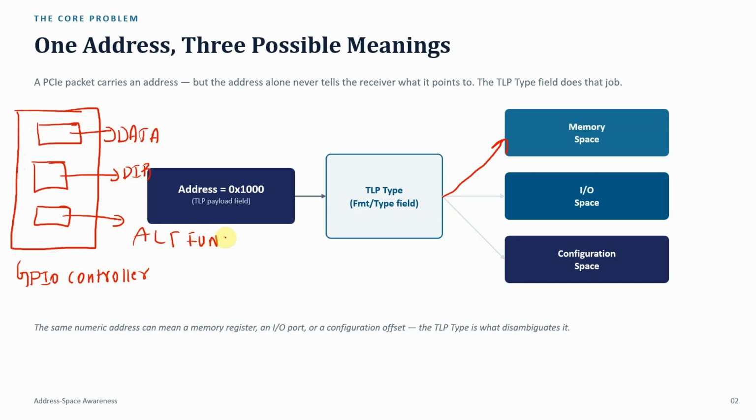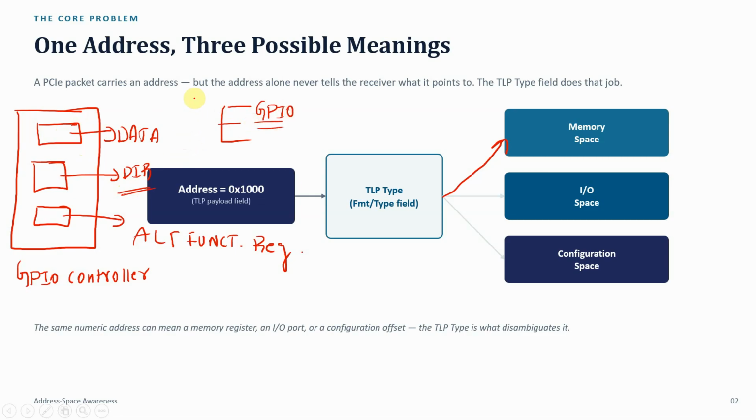Each register has its own responsibility. Here, the data register is used to hold the data. The direction register decides the direction of the physical GPIO pin.